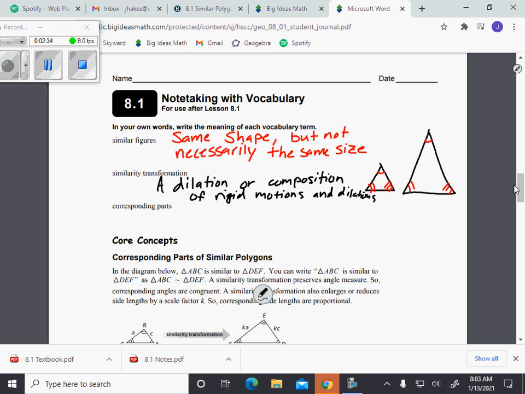I really just want to focus on the word dilation.